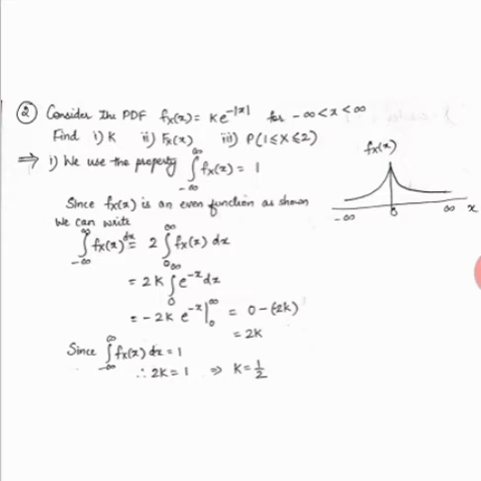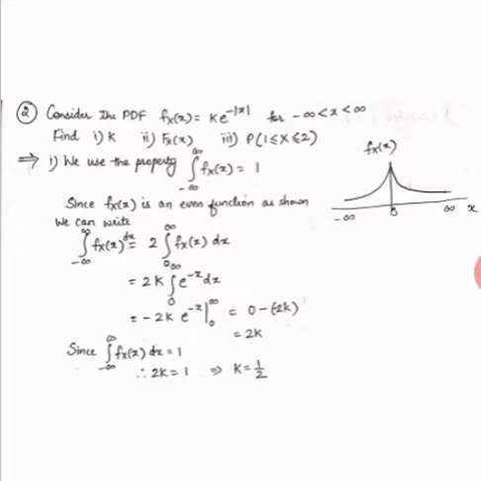Since fx of x is an even function, as shown in the figure, we can write the integral from minus infinity to infinity. Since we are anyways adding up all the probabilities, the negative side is similar to the positive side. So instead of calculating them separately, we can calculate only the positive part and multiply it by 2.